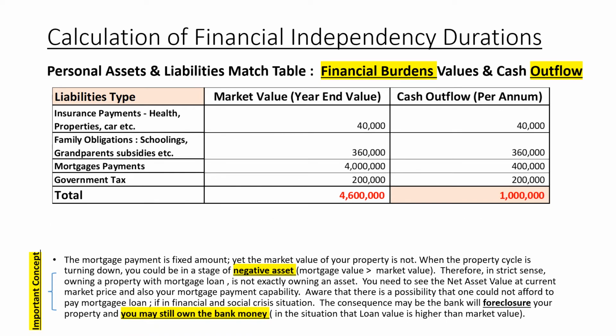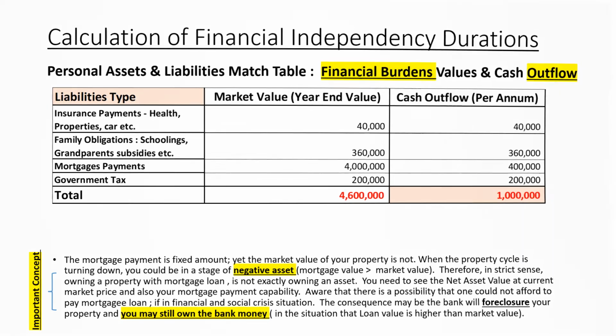One big item usually for every individual, if they still have a mortgage, is that once there is a property crisis, if your loan value is higher than the market value of the property, then you run a risk that the bank may ask you to top up by cash for the loan, so the bank can have less risk on the borrower. I think that is something we have to bear in mind.